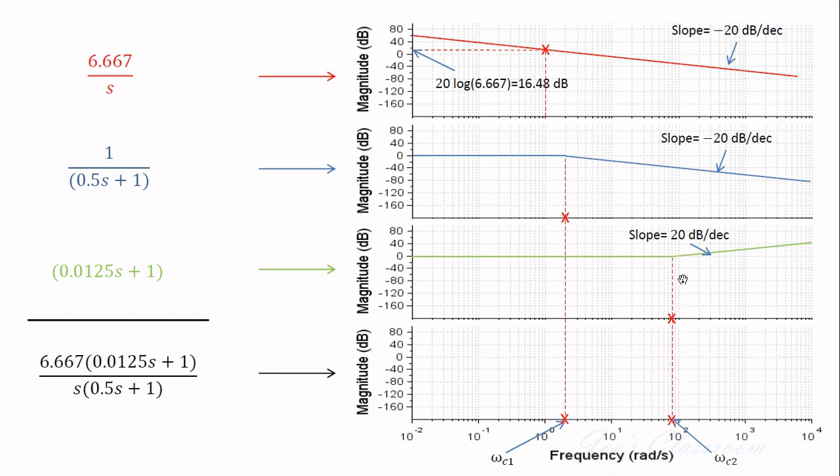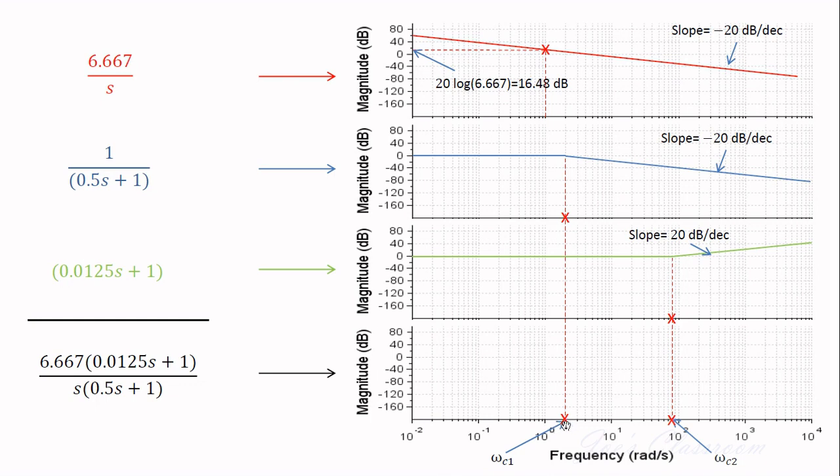If you look at this term, up to this corner frequency, the third term doesn't contribute anything. The gain contribution is 0. So if you want to sketch the Bode magnitude plot before this second corner frequency, I need not consider this. I need to consider only the first two terms, just add their magnitudes. Now let us come to this first corner frequency.